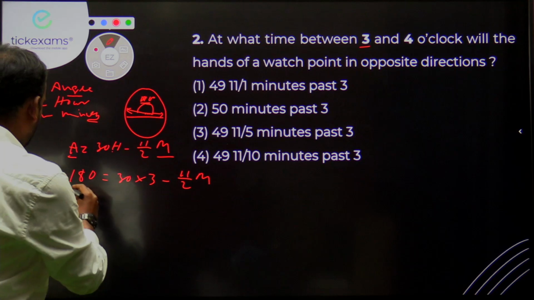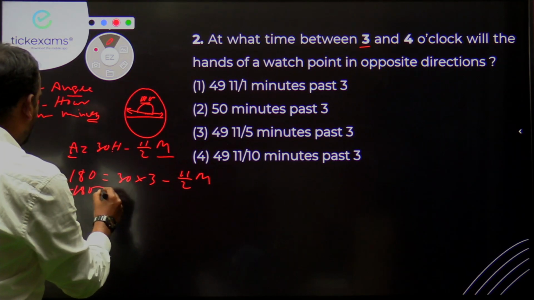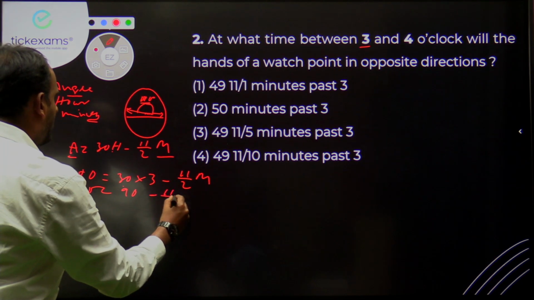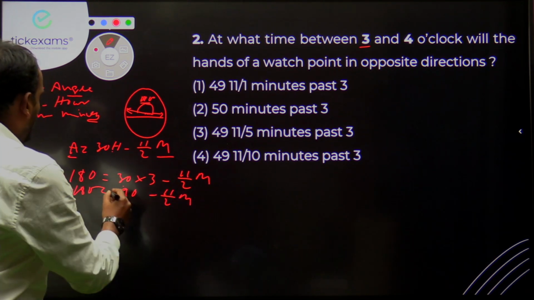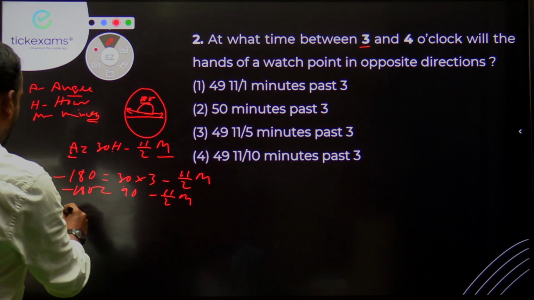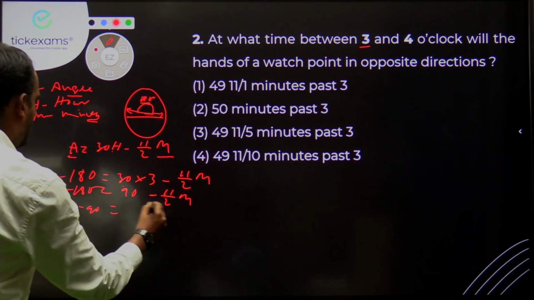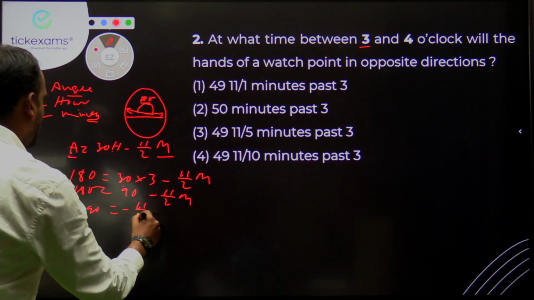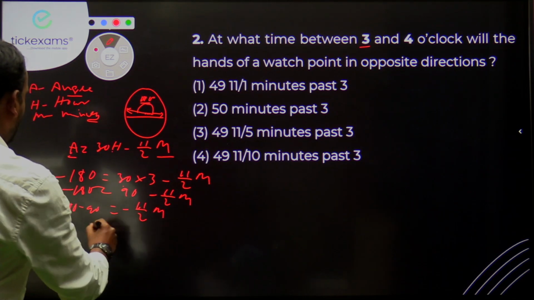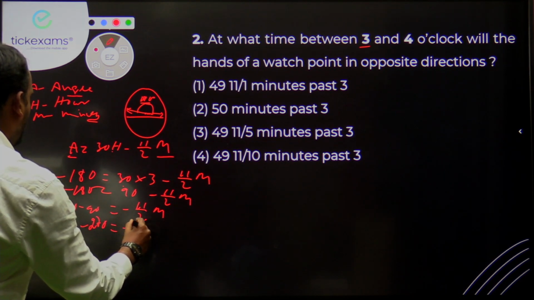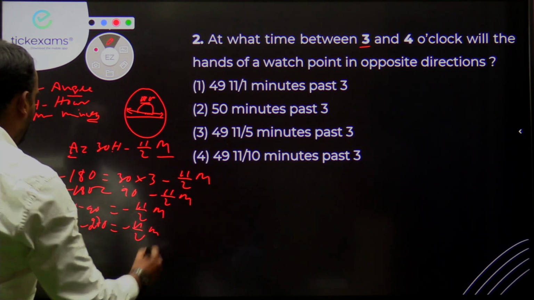Now, minus 180 is equal to 30 into 3 is 90, minus 11 by 2 m. So we bring this 90 to this side: minus 180 minus 90 is equal to minus 11 by 2 m. Here we get minus 270 is equal to minus 11 by 2 m.